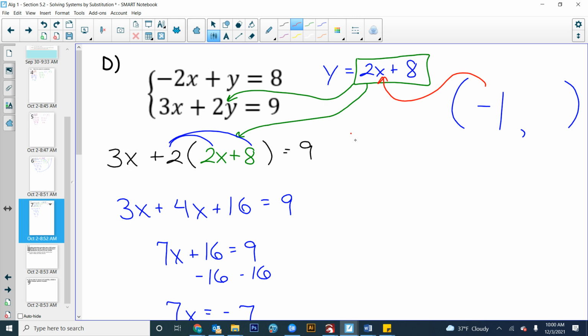Y equals 2 times negative 1 plus 8, which is 6. Negative 1, 6 is where these two lines meet.